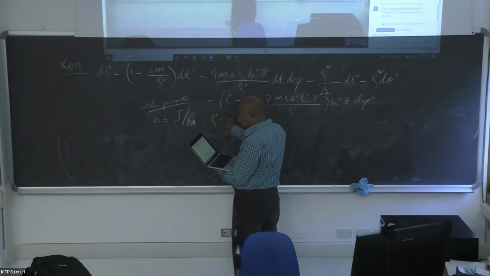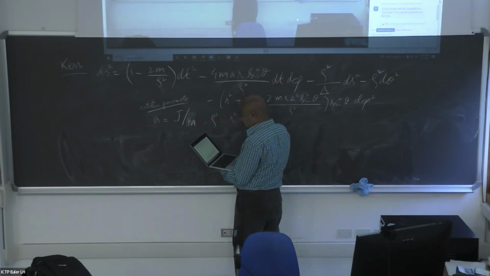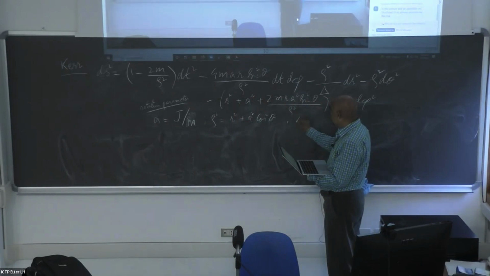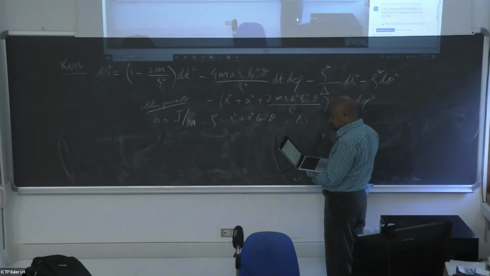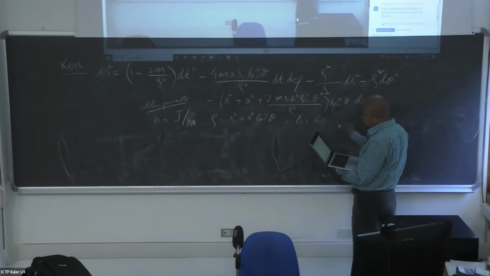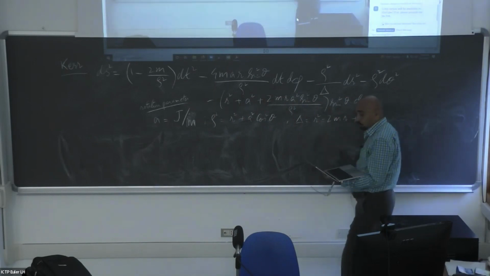Rho squared is equal to r squared plus a squared cos squared theta, and delta is equal to r squared minus 2mr plus a squared.